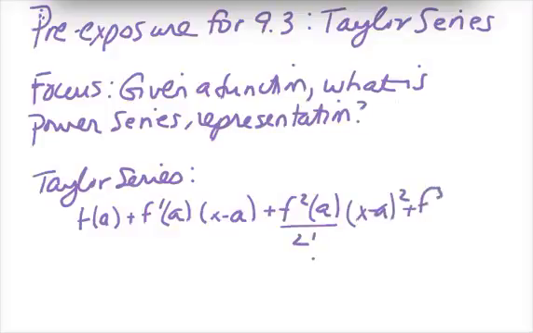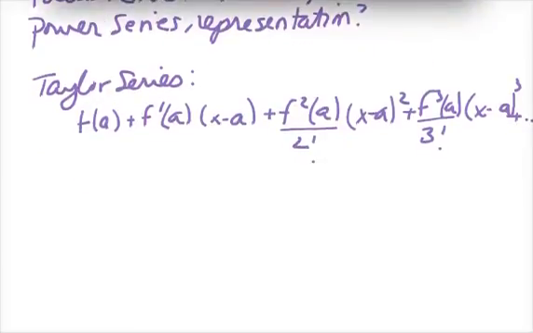Go out one more term here. And it continues on to infinity. So the summation formula for a Taylor series goes from 0 to infinity.